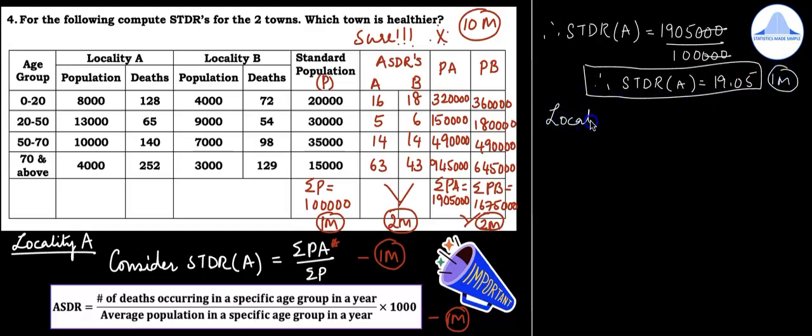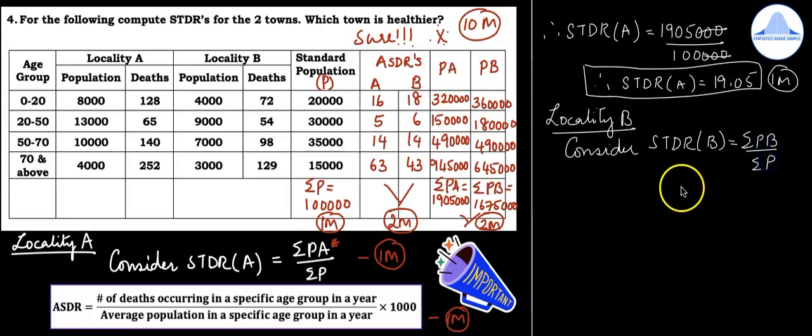Now let's move on to locality B. Write the formula. Consider STDR of B is equal to summation PB divided by summation P, which is equal to 16,75,000 divided by 1 lakh.